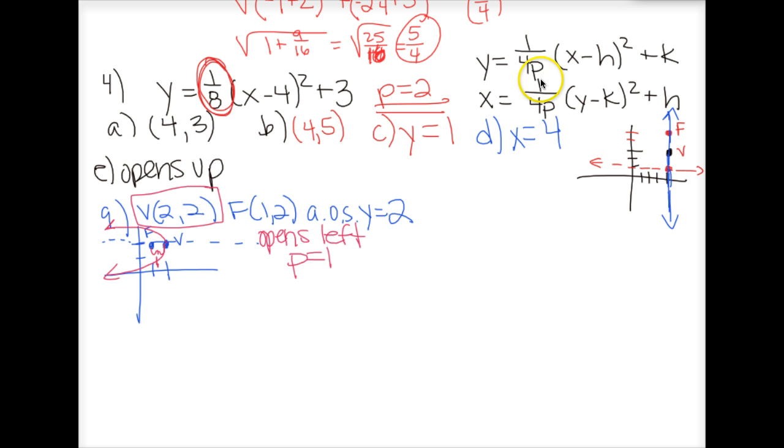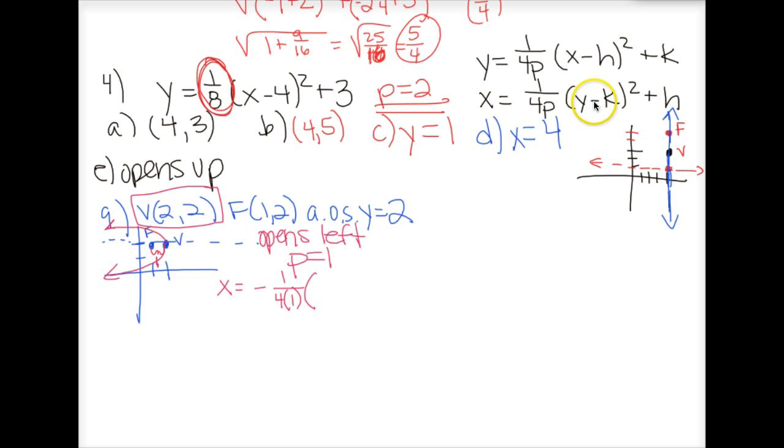So here are the 2 choices for your equations. I know that if it opens to the left, that it has to be the x equals, and also that my coefficient needs to be negative. So I'm going to write x equals negative 1 over 4p. P is 1, so I plug that in.